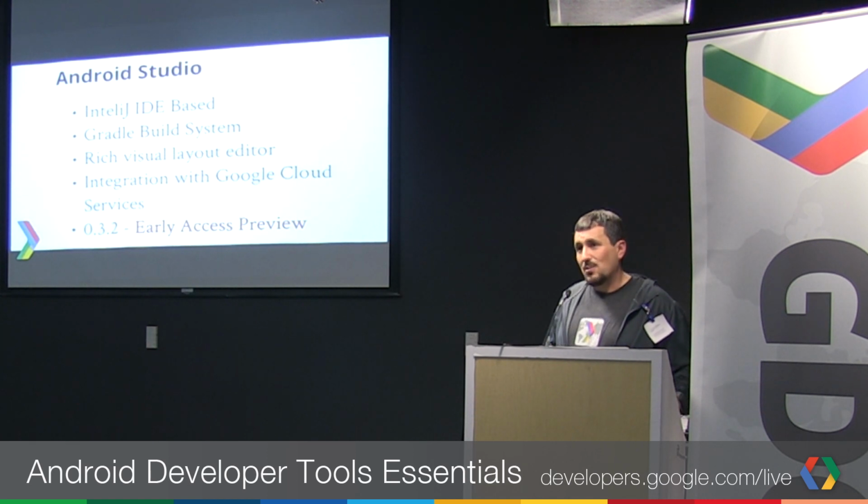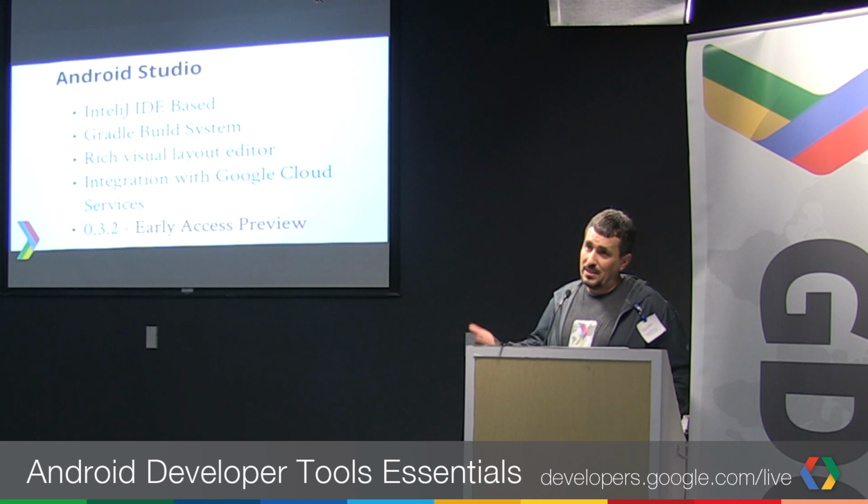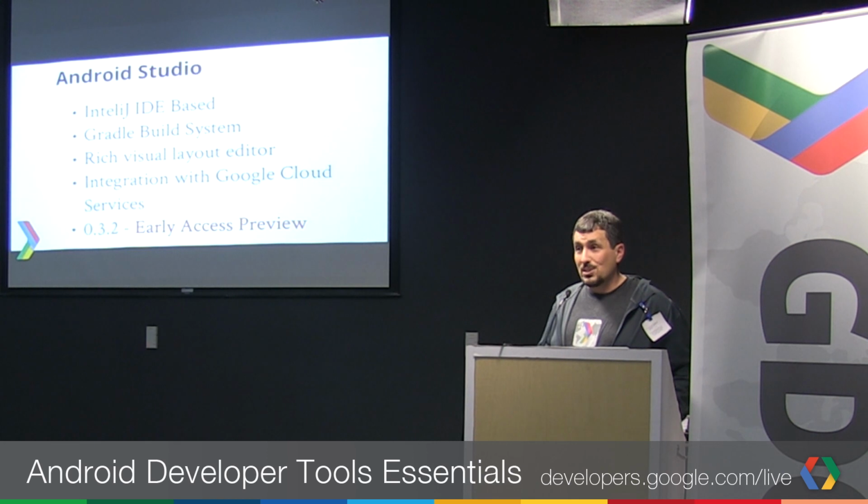It's clear that's something you get really good out of Android Studio. The other thing is they have really good integration with Google Cloud Services. I haven't done this myself, but what they demoed at I/O was you could look at your data model, right mouse click on the data model, and generate code that would allow you to create a sync to the Google Cloud Services. So pretty cool stuff.